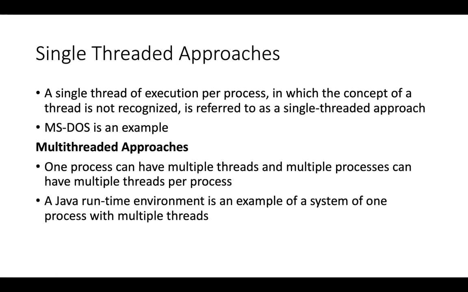And then when we talk about the single-threaded approaches, we're talking about a single thread of execution per process, just like we saw in the other diagram. The concept of a thread is actually not recognized here because more or less the single thread is the process. So it's really referred to as a single-thread approach, but more or less a single process.